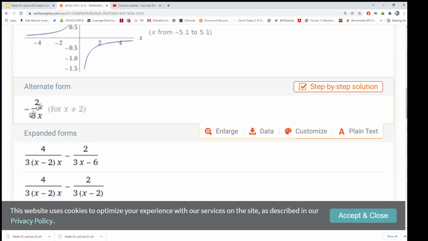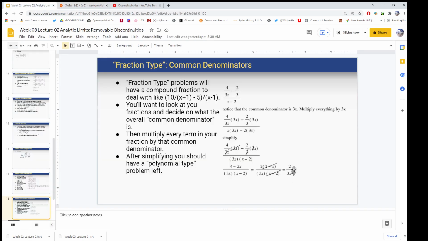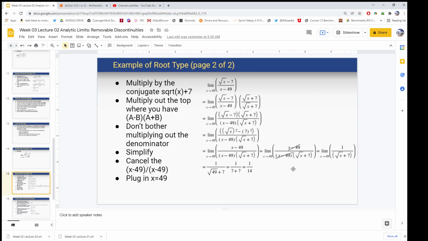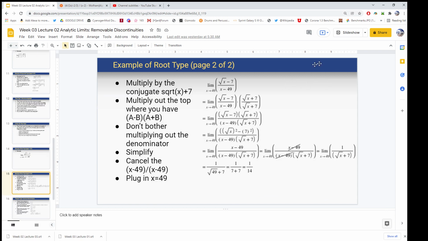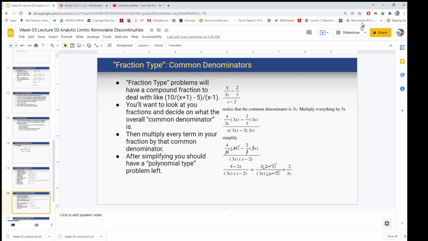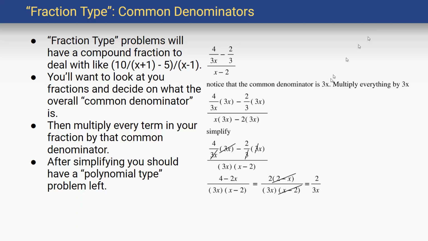Alternate form, negative 2 over 3x. It should have been negative 2 over 3x, but I made a small mistake here, because if you look, this is 2 minus x, and this is x minus 2.